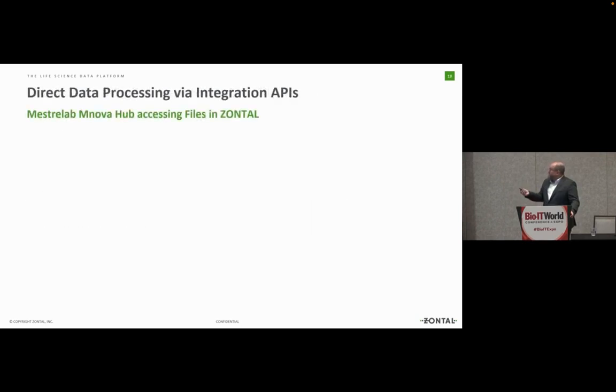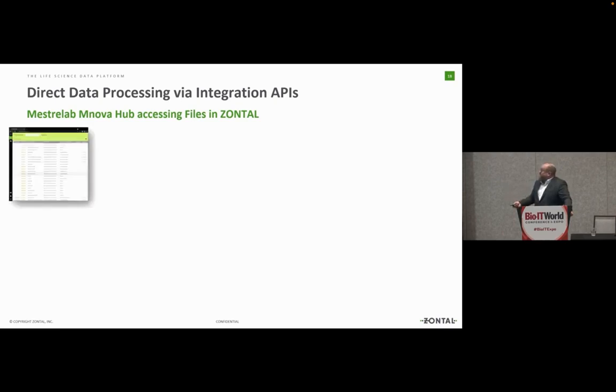And another example with MestReLab in this case, since we had this nice connection already, the end user said, but I'm a power user, I need my MNOVA. I need this tool to actually look at this data, but individually, not automatically.